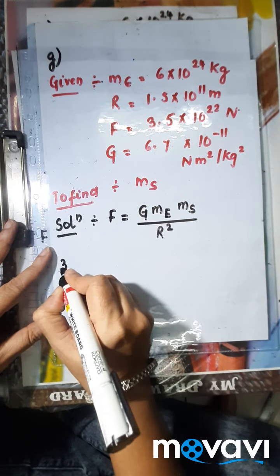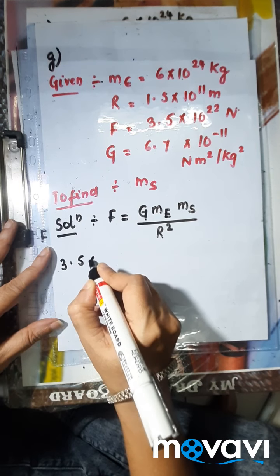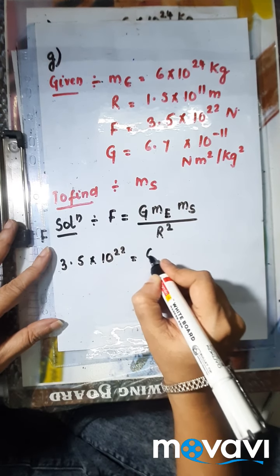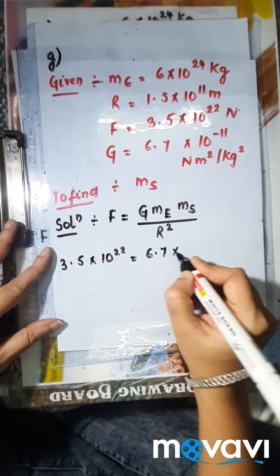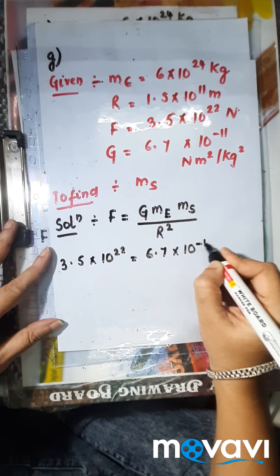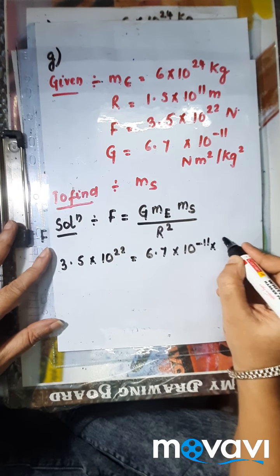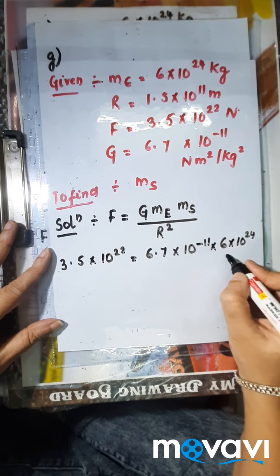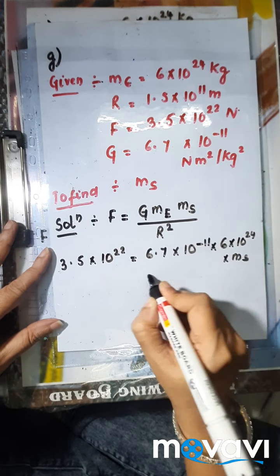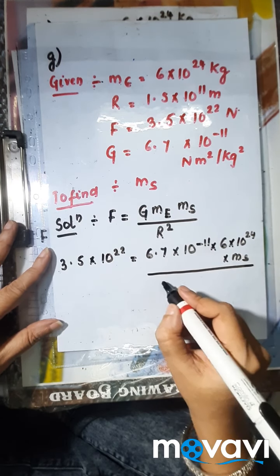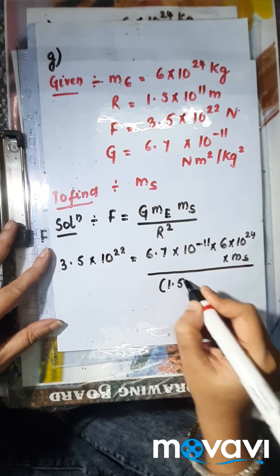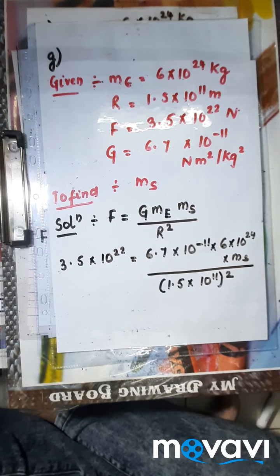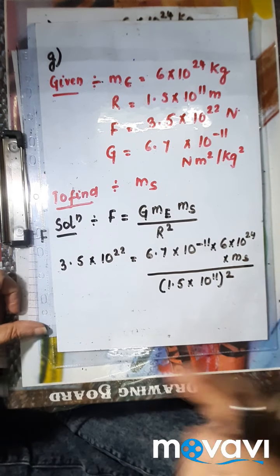My force is 3.5 multiplied by 10 raised to 22 is equal to 6.7 multiplied by 10 raised to minus 11 into 6 into 10 raised to 24 multiplied by mass of the sun upon radius, which is 1.5 multiplied by 10 raised to 11 the whole square. Now see, my mass of the sun is here.